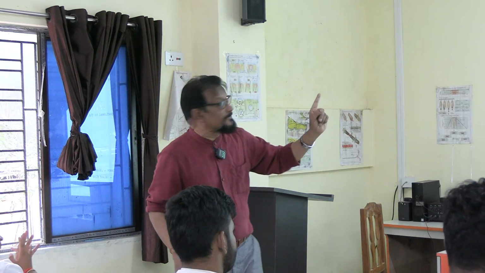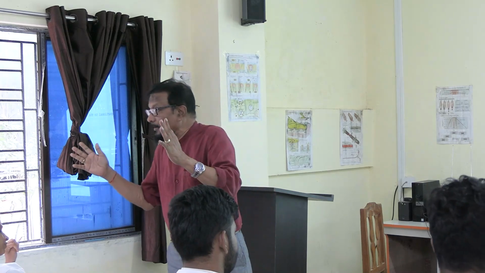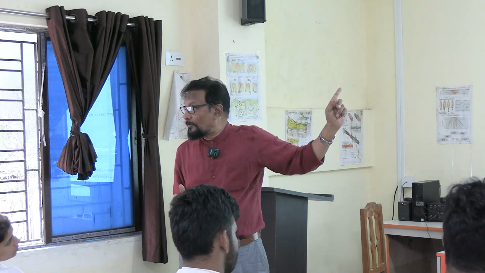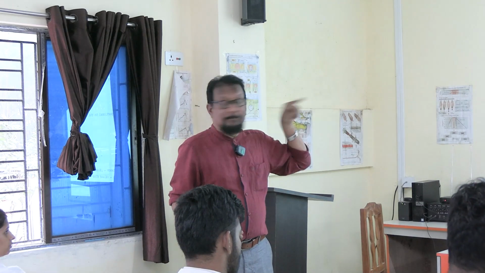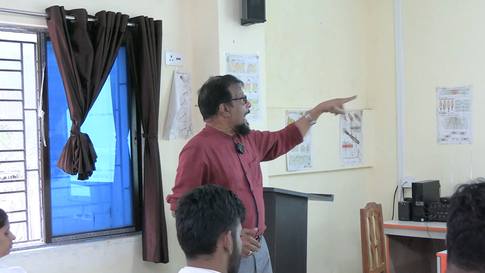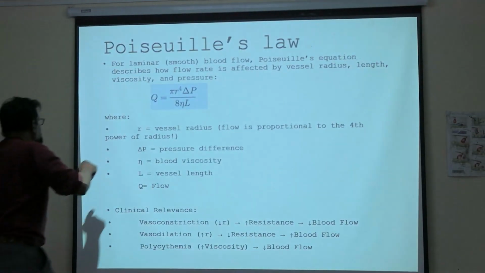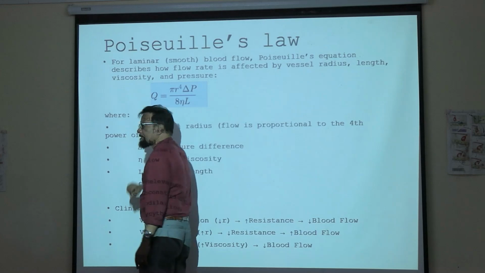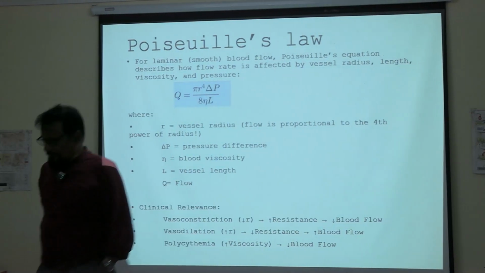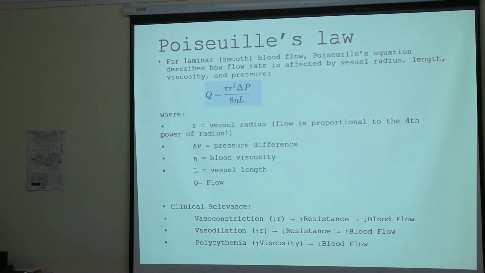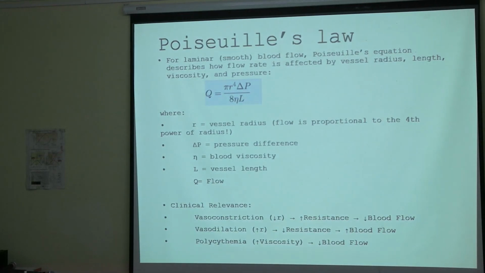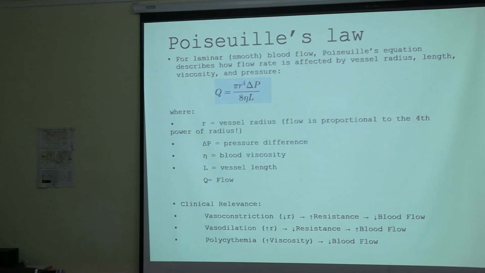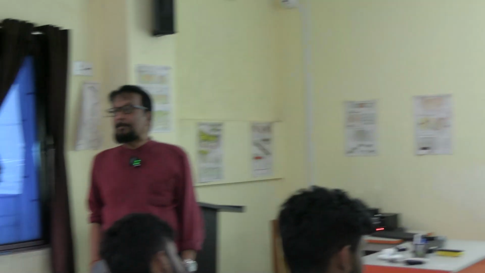When the pressure difference is more, flow will be more. When the radius is less, flow is less. And what is this sign? It is not N. This is called nu. Okay, so it is the viscosity of the blood.